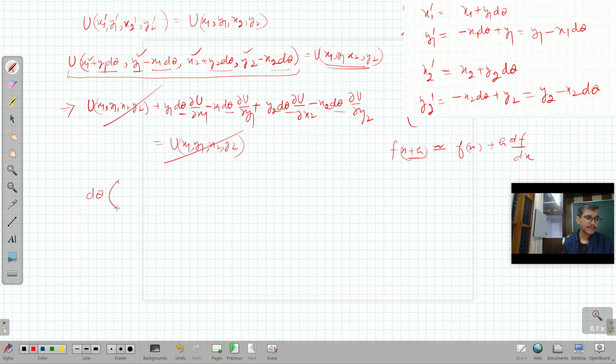d theta, it is y1 curly u over curly x1 minus x1 curly u over curly y1 plus y2 curly u over curly x2 minus x2 curly u over curly y2, and this is equal to 0.